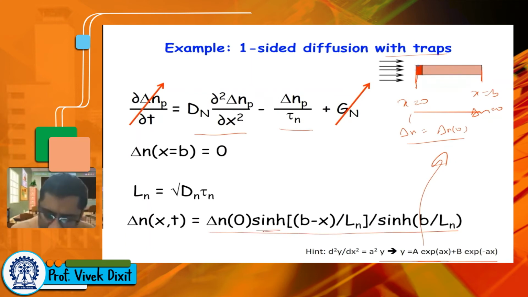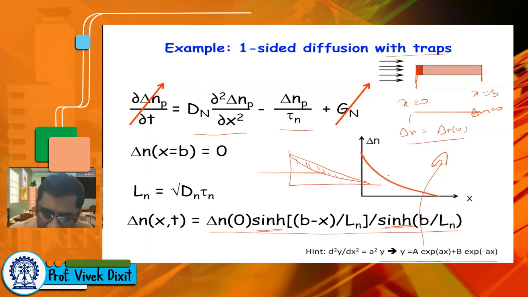And you will see the sine hyperbolic function appear, right? The linear plot is without recombination, and this plot will become curved, right? This is basically due to recombination. So your curve will look something like this, right? Without recombination, you have a straight line here. With recombination, this is basically reducing.